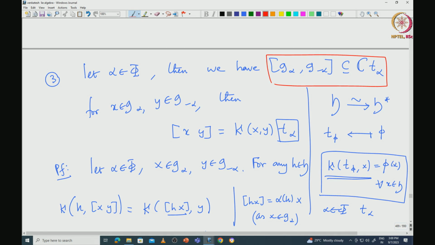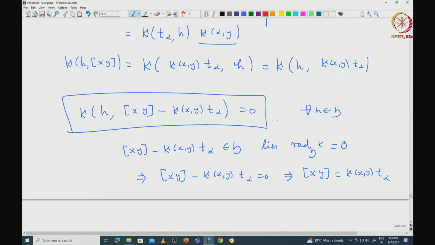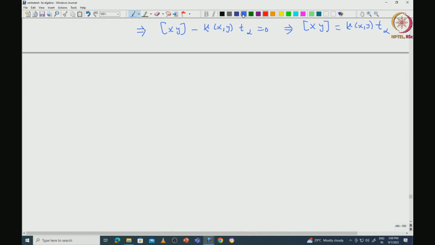That again follows from the orthogonality between g alpha and g beta. So, let us prove that. Here is the fourth statement. If we take alpha in phi, then the bracket of g alpha and g minus alpha is equal to the one dimensional space spanned by t alpha.